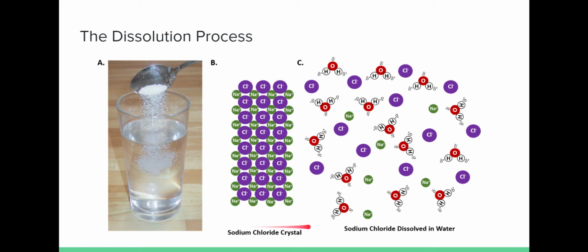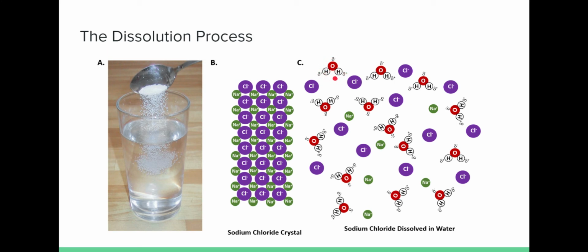When salt hits the water, NaCl, sodium chloride, is an ionic crystalline solid. It's locked together with those positive and negatively charged ions that are bonded together. But as soon as it comes into contact with the solvent, which is water, water molecules themselves are polar. They have a negative side and a positive side.